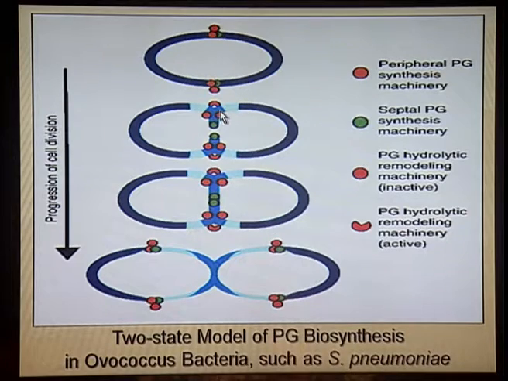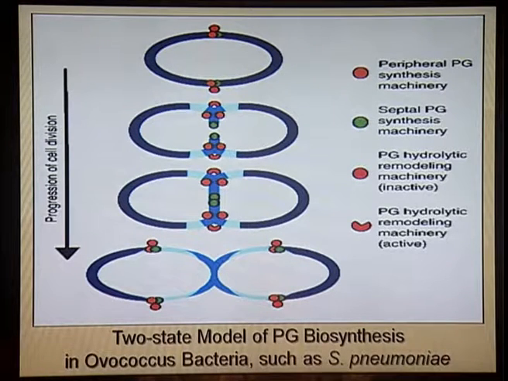Now, in most bacterial cells, as we have seen earlier also, in E. coli, it is just one kind of a machinery that produces the septal PG, peptidoglycan. But in case of the Streptococcus species here, we see the two are involved. One continuously carries on the septal PG synthesis, the other the peripheral PG synthesis.